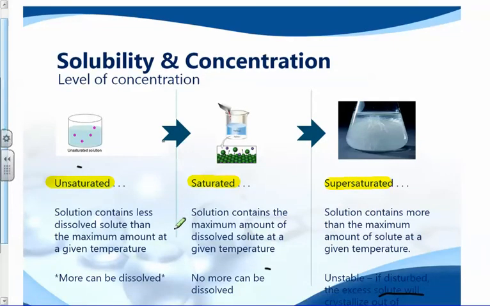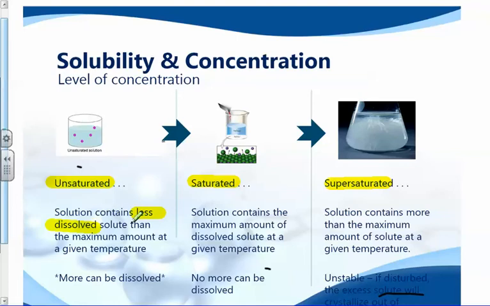And there's some key words that you have to remember about each one. And we can use hot tea as an example for all of these. So for example, if you like hot tea, and you want to sweeten it, you're going to add sugar. So how can you tell if it's unsaturated? Well, it's not going to be very sweet.